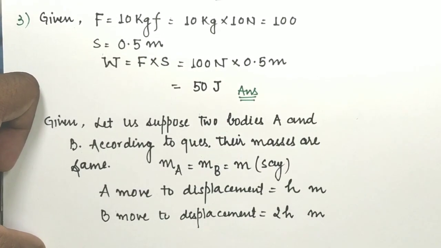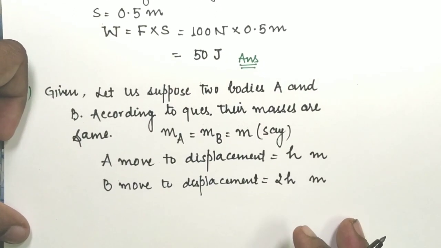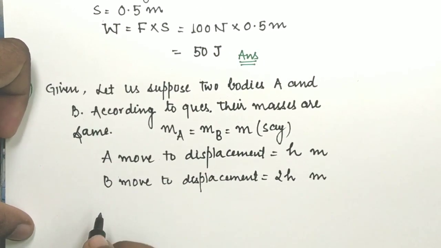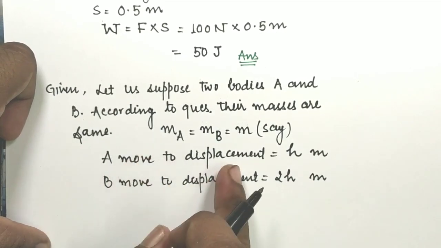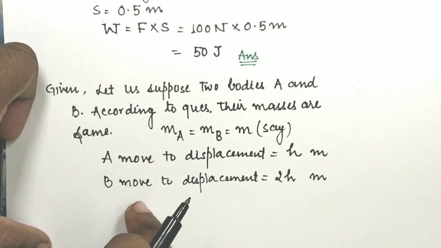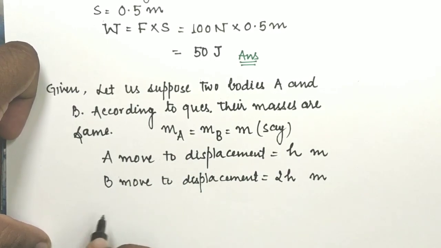Okay students, we have to compare the potential energy. As we know the formula of potential energy, first we will calculate the potential energy of the first body, body A, and then we will calculate the potential energy of body B and compare.